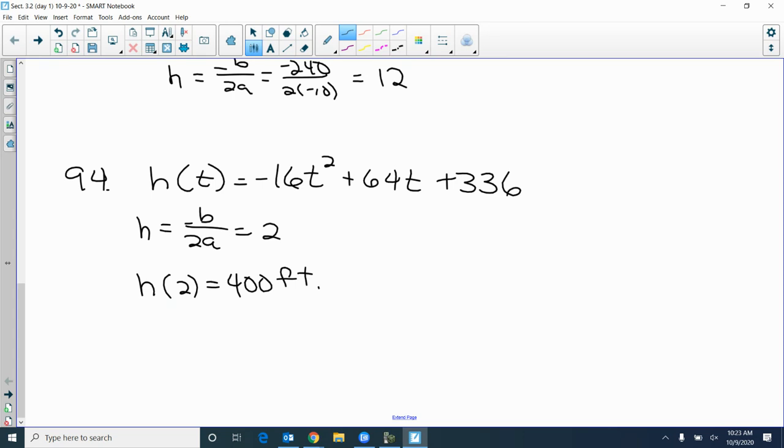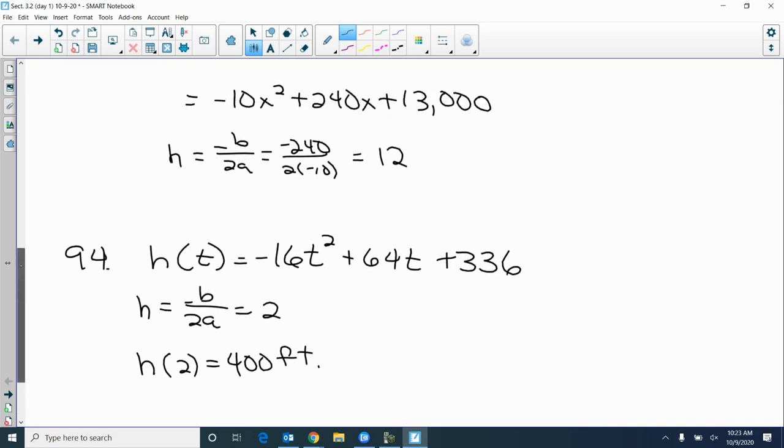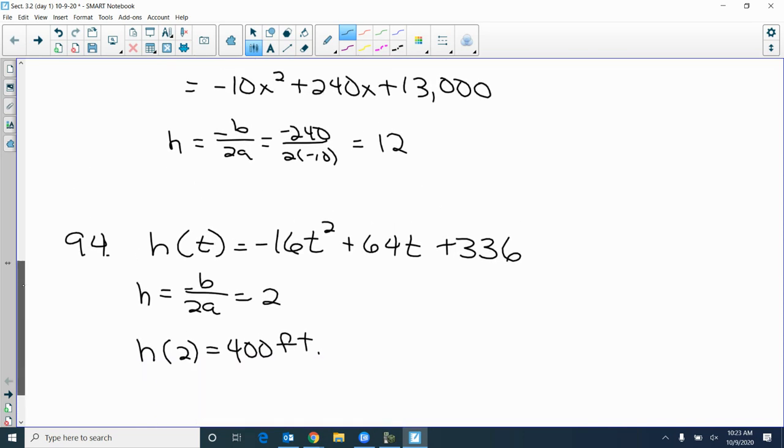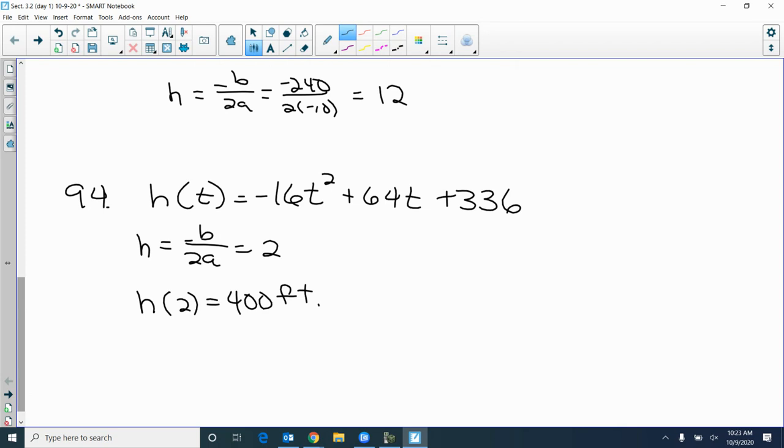What made you do that? I'm just trying to think of the rationale behind it. 64 equals 400 over time, and then I just cross multiplied it. I was just curious where that came from, because I know there were several people that had it, and maybe in other classes as well.